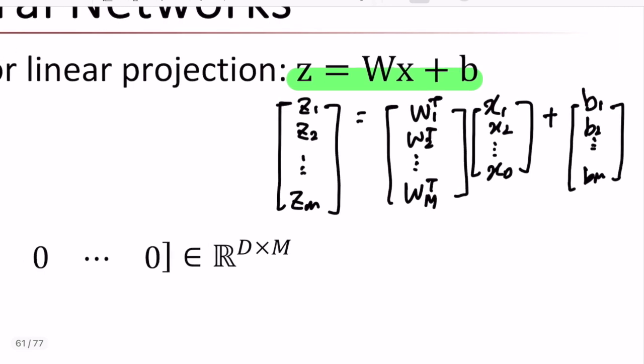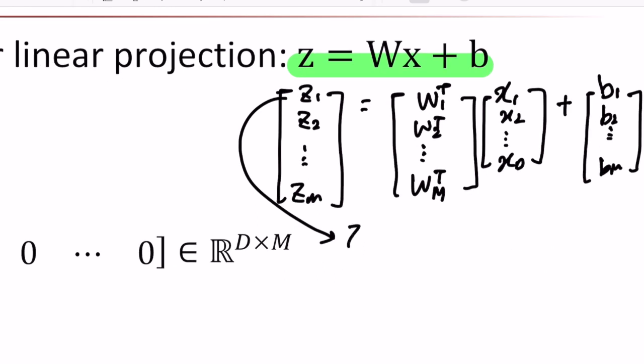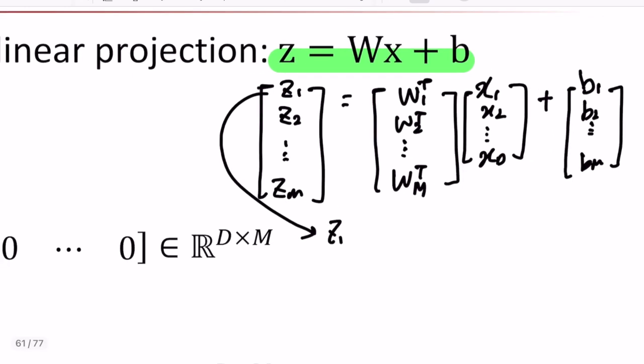In this case, each row is just a linear system, so each row represents an equation. First of all, Z1 is equal to W1 transpose X plus B1, right?